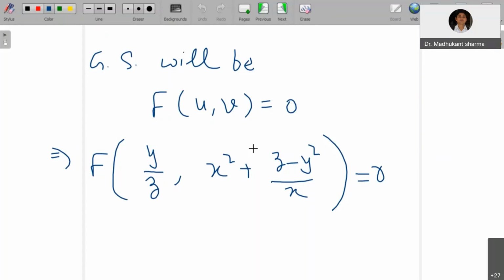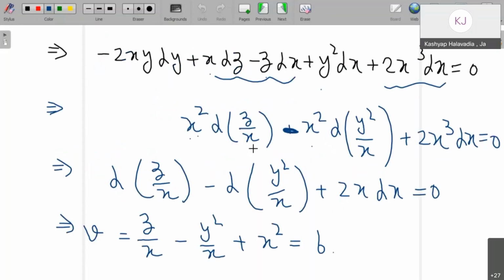Yes. In the previous slide, x and y are independent variables. So minus 2xy dy is integrable, meaning x will come out of the integration. No, see, whenever you are dealing with a partial differential equation, the situation will be different.